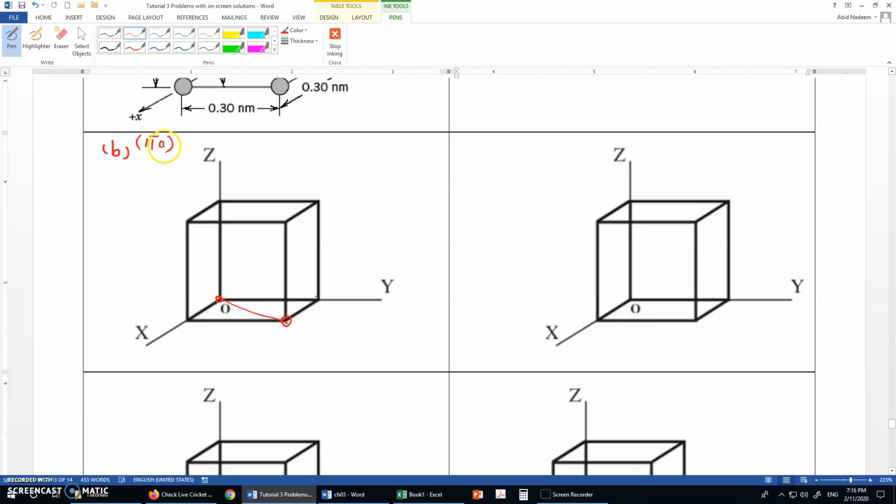Since the z coordinate is 0 over here, this plane is parallel to the z axis. So from this coordinate you can draw a line parallel to the z axis, which is already this line, and then from this coordinate we can draw a line parallel to the z axis, which is also this point. So we can combine these 2 points together, and this is our plane.